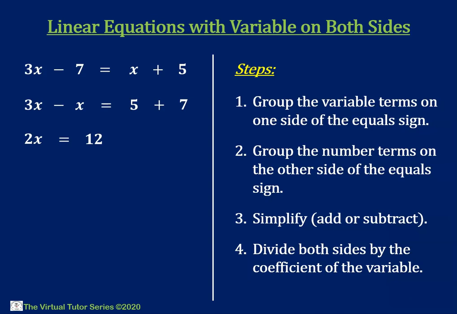The fourth step is to divide both sides by the coefficient of x. The coefficient of x is 2. So we have 2x divided by 2 on the left-hand side, and 12 divided by 2 on the right-hand side.